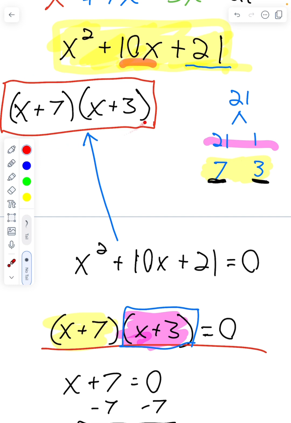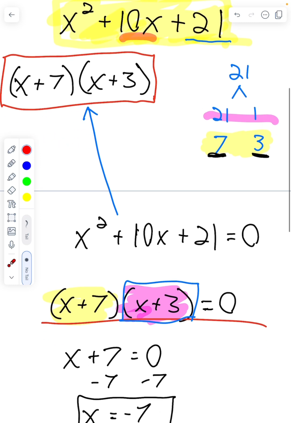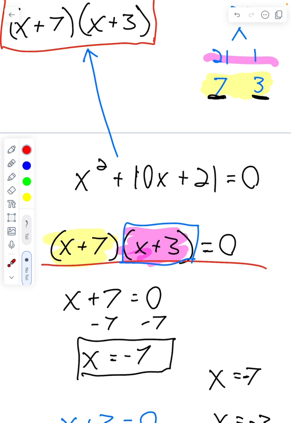Now from here, the reason we're doing this in the first place is most of the time it is not just factor it. Most of the time it is solve for my 0, which in this term right here would be difficult, to just figure out what numbers I could plug in here and here to give me 0.